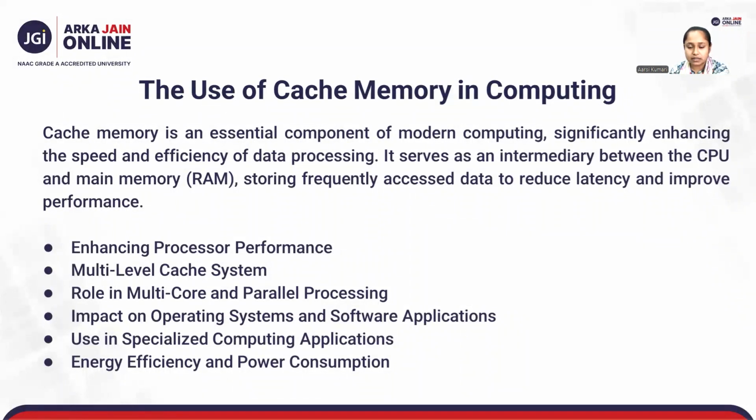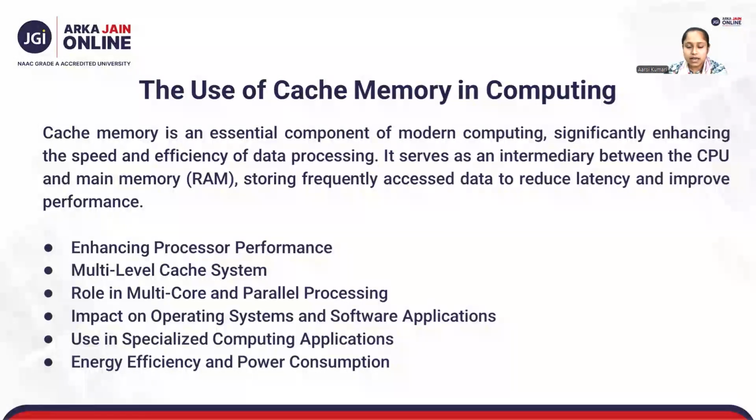Cache coherence mechanism: technologies like MESI, the modified, exclusive, shared, invalid protocol, maintain consistency between caches in multi-core systems. Hyperthreading and virtual caching: in processors with hyperthreading, cache memory optimizes the execution of multiple threads by reducing redundant data fetches.